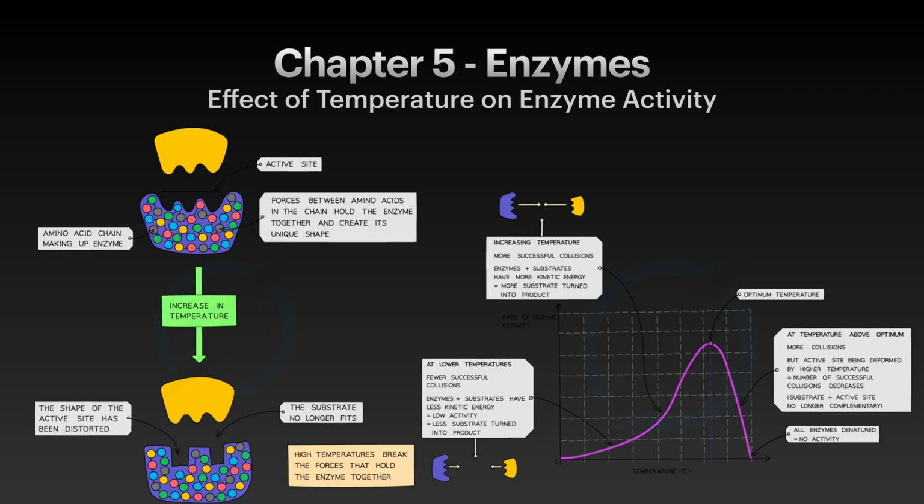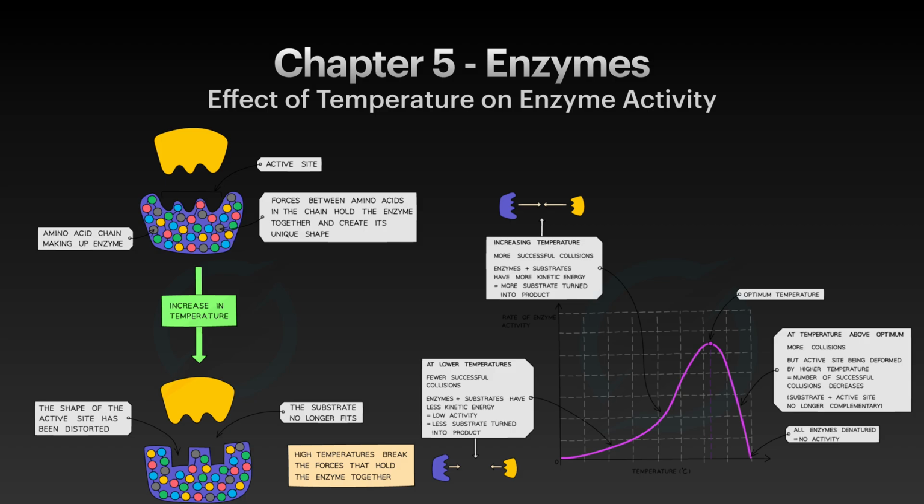Remember, the active site needs to be the exact complementary shape to bind to the substrate. When the active site is in the wrong shape, the substrate can no longer bind. No enzyme substrate complexes form, and that means no reaction occurs. Enzyme activity drops rapidly and eventually stops completely.